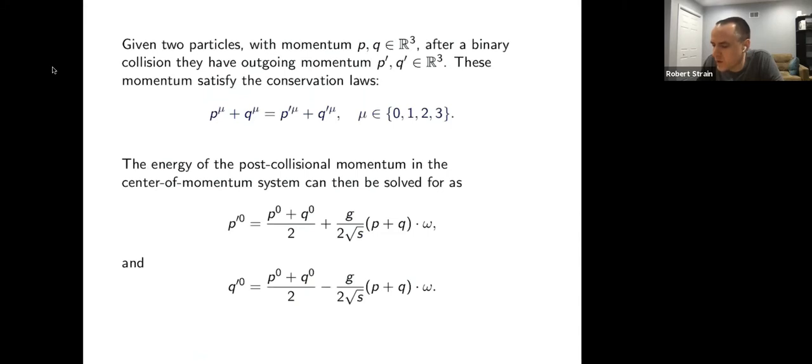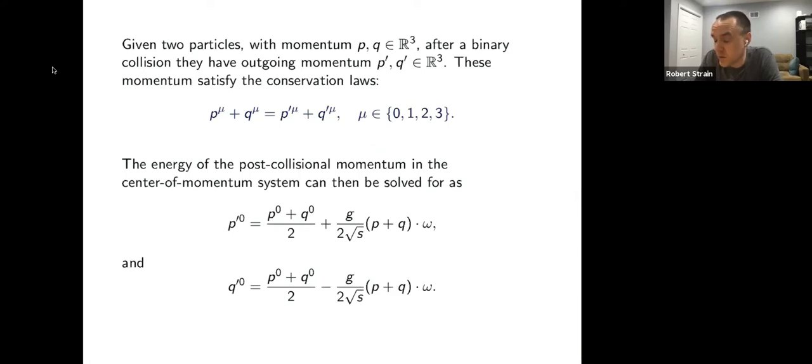So given two particles with momentum P and Q after a binary collision, they have outgoing momentum P prime and Q prime in R3. And these momentums satisfy these conservation laws here that P mu plus Q mu is equal to P prime mu plus Q prime mu for all the mu in 0, 1, 2, 3.